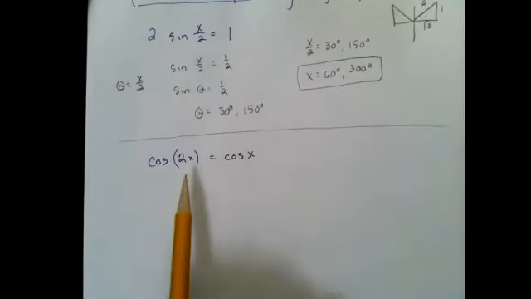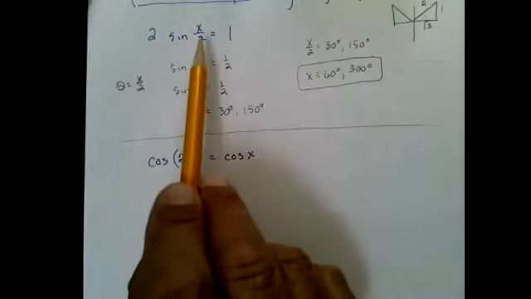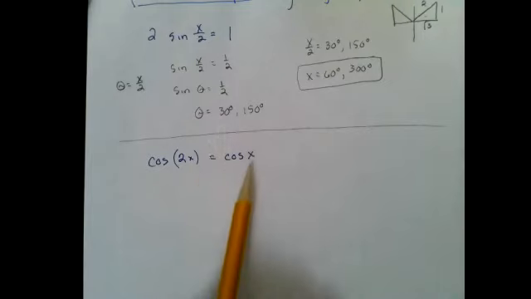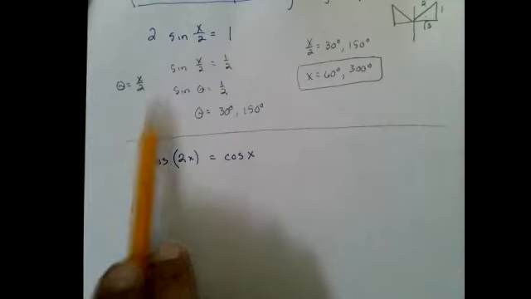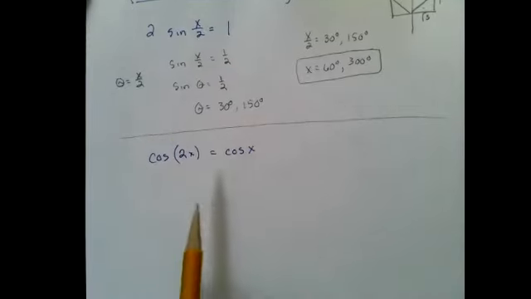But here I have different ones. I have 2x and I have x. So I can't do theta equals 2x, because then I'd have theta over 2. This was great that I learned it up here, but I now need to, somebody sees it.